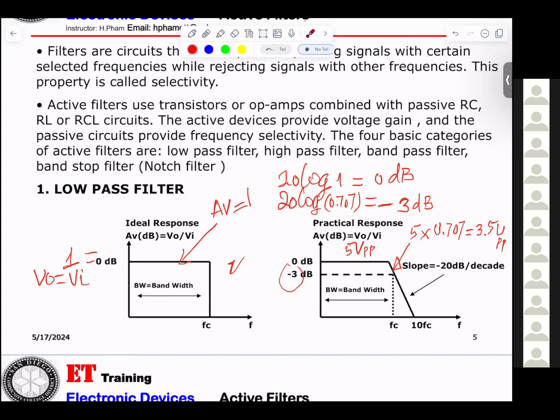Every decade it's going down minus 20 dB.